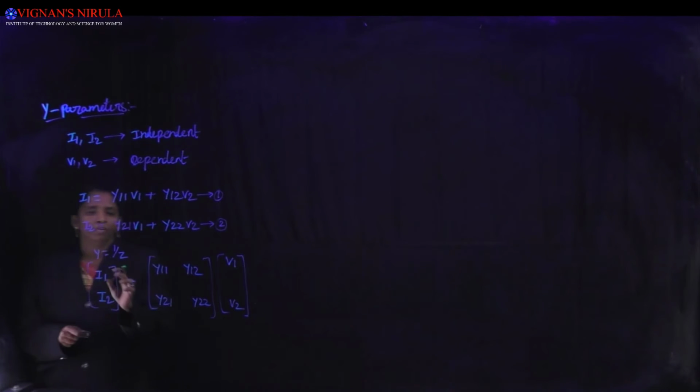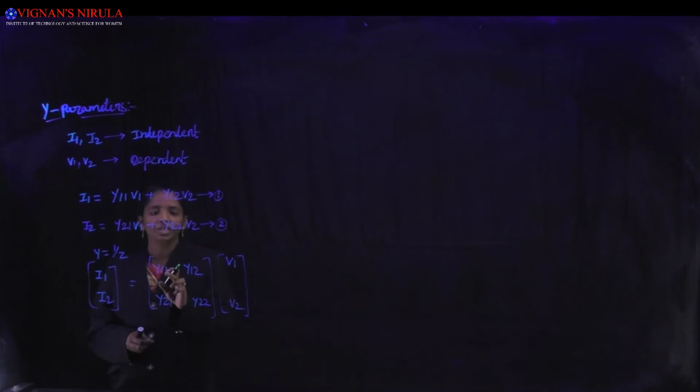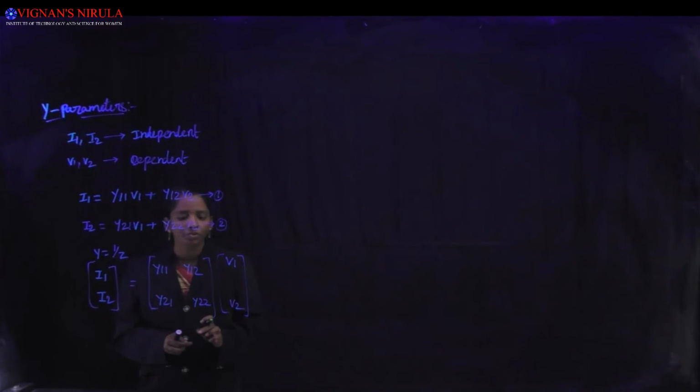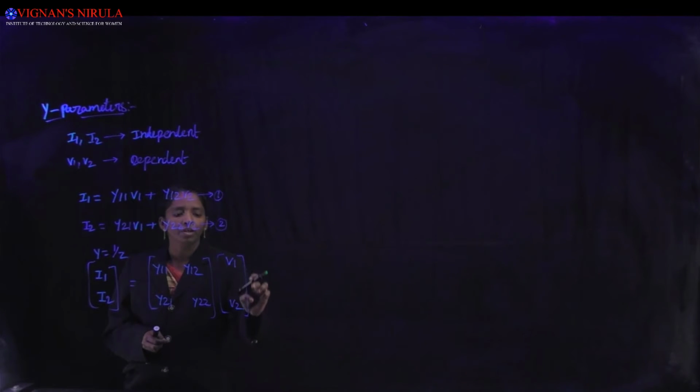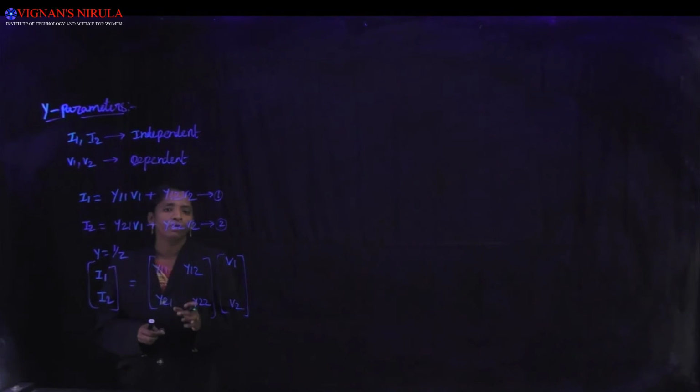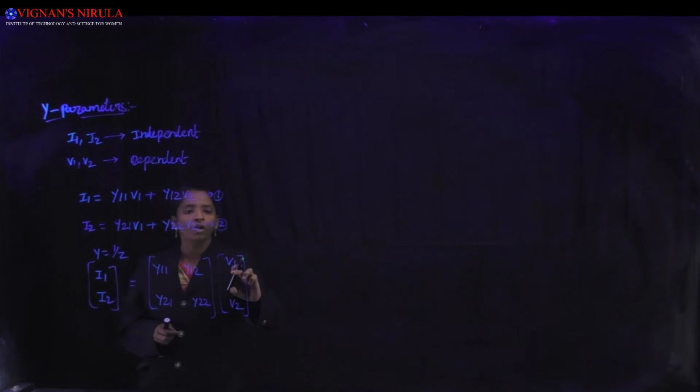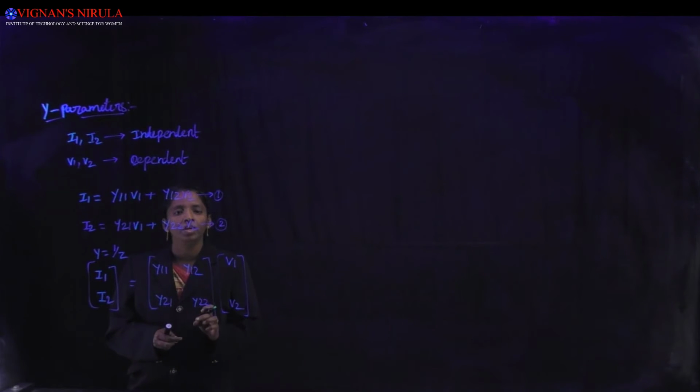Now we have to calculate the Y11, Y12, Y21 and Y22 values. To calculate these values, we are going to keep the voltages V1 and V2 zero. To get the voltage value 0, we have to short circuit. If you want to keep the input voltage V1 to be 0, the input port should be short circuit.